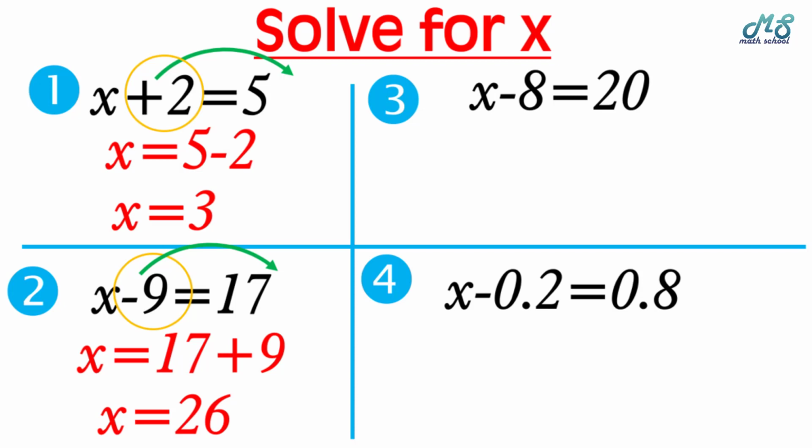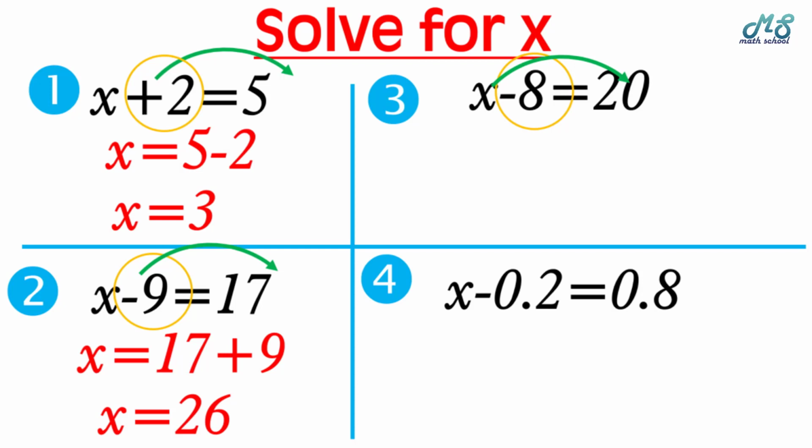Next, number 3. It's a subtraction equation. Why? Because we have minus in the equation. x minus 8 equals 20. To find the value of x, keep your eye on minus 8. Circle it and move it to the other side to be added.